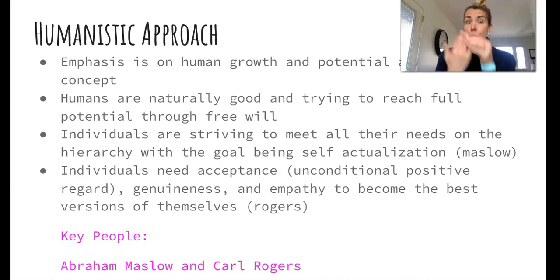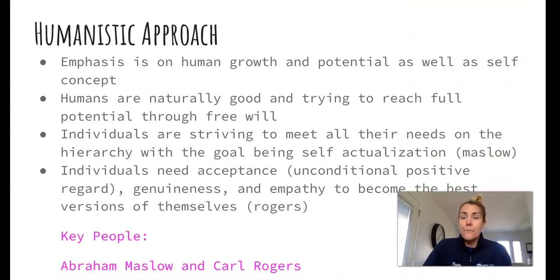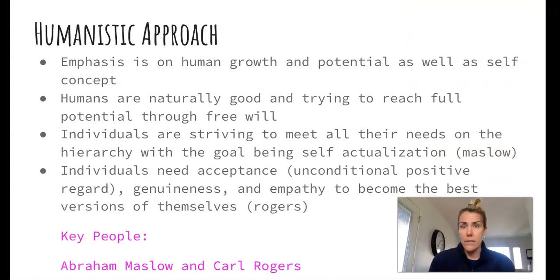Okay, humanistic approach. This is the ring finger. The emphasis is on human growth and potential, as well as our self-concept. So anytime you hear anything with human growth, potential, self-concept, they felt in this approach that humans are naturally good and trying to reach their full potential through free will.